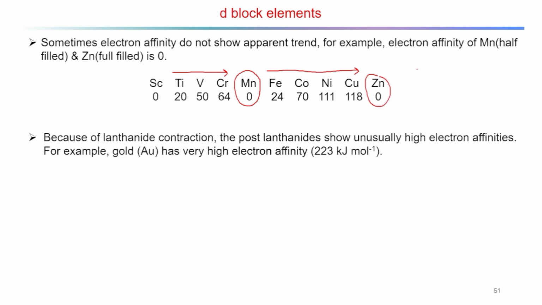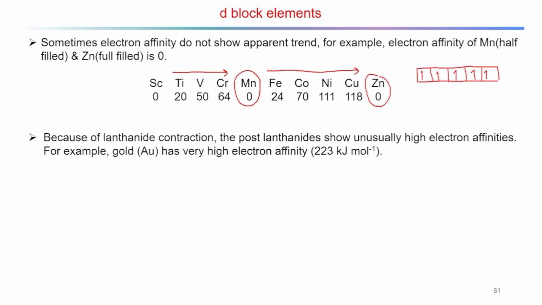Now this happens because in case of manganese, I will show you the 3d cell. In manganese, the 3d is actually half filled. It is 3d5. One electron here, another electron here, another electron here, here, and here.